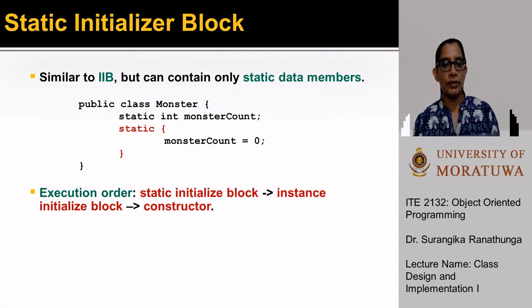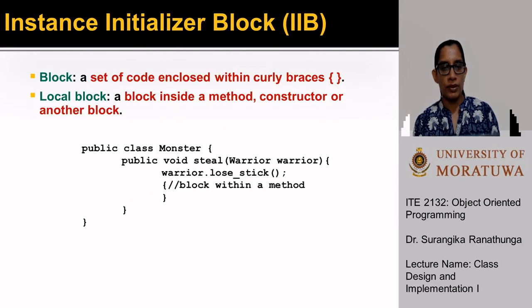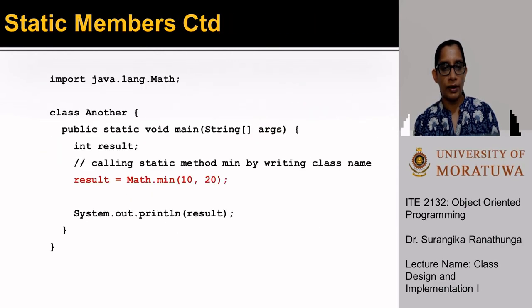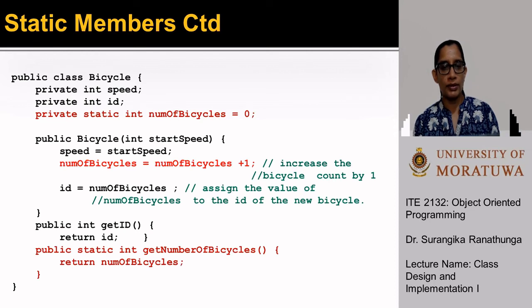Similar to the anonymous blocks that are used to initialize instance variables, we can use the static initializer block to initialize static attributes. So in other words, without having to write code like this, where the static variable is initialized just outside like this, we can move it to a static initializer block.